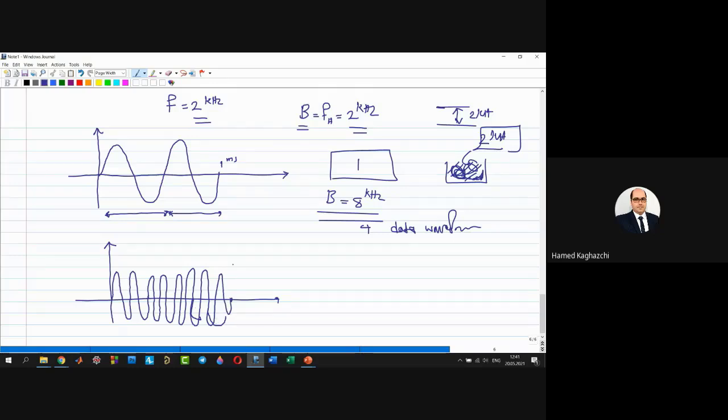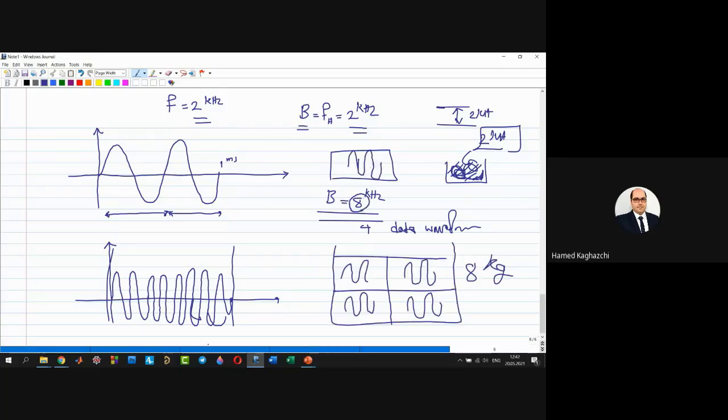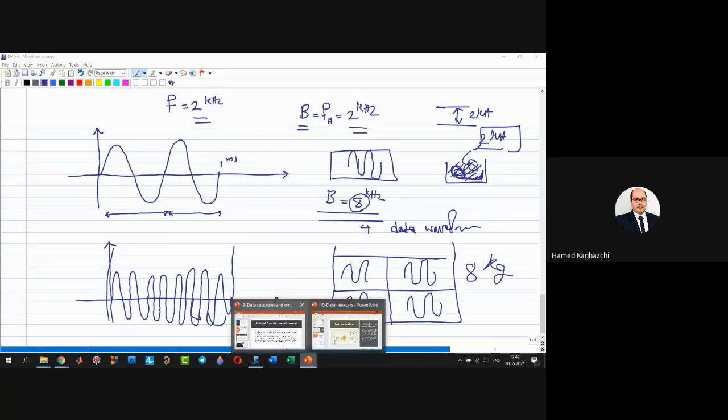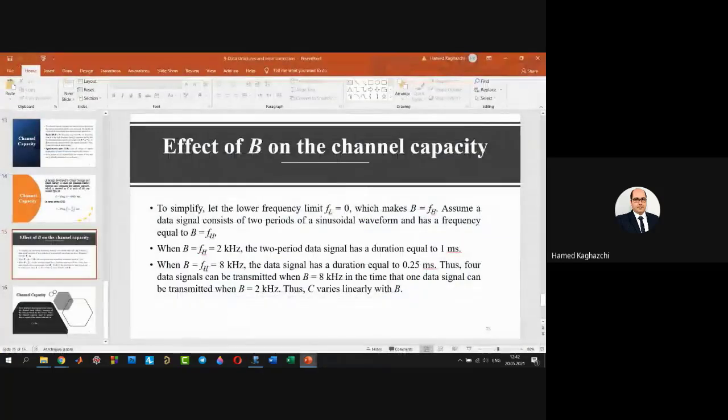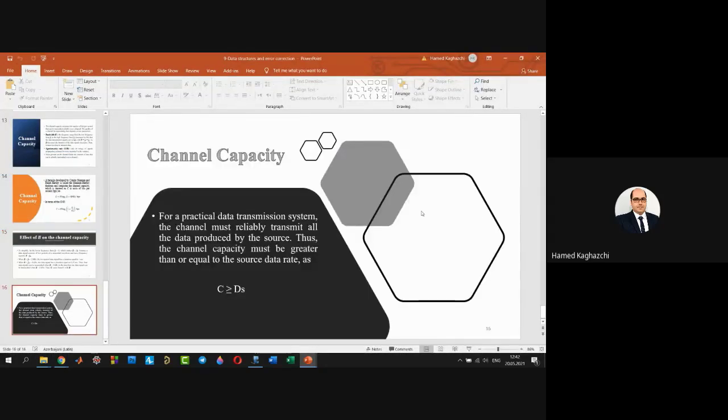Why? Because my bandwidth here is 8 kilohertz. This is the effect of bandwidth on channel capacity.